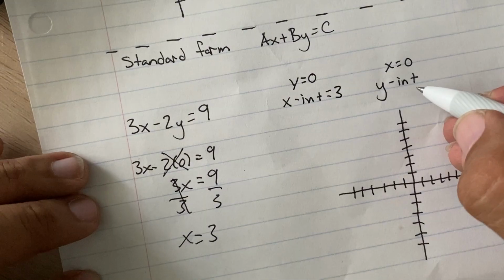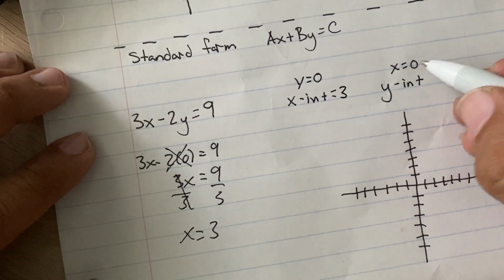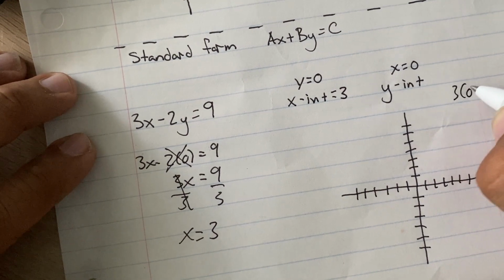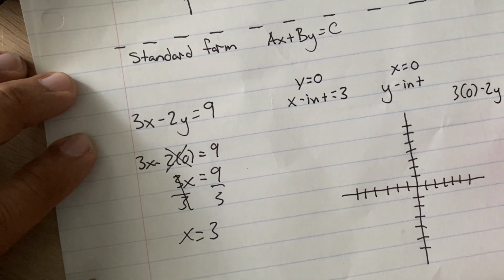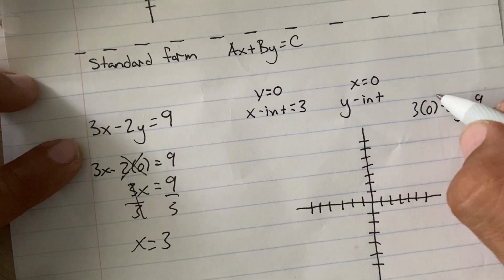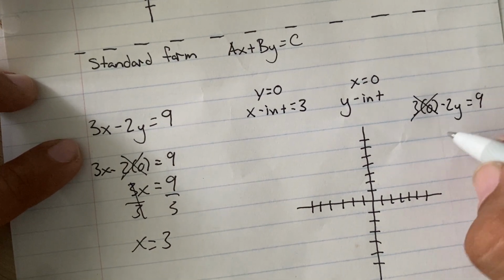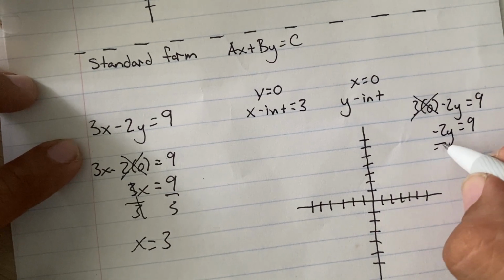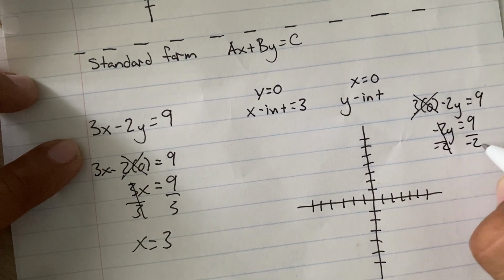Now let's look for the y-intercept. The y-intercept, you make x 0. So now this equation will read 3 times 0 minus 2y equals 9. So this is gone now. 3 times 0 is 0. So now I'm left with negative 2y equals 9. Divide by negative 2. Divide by negative 2.